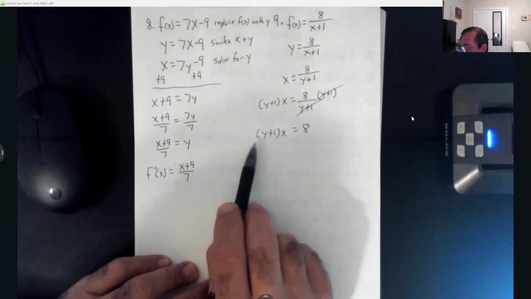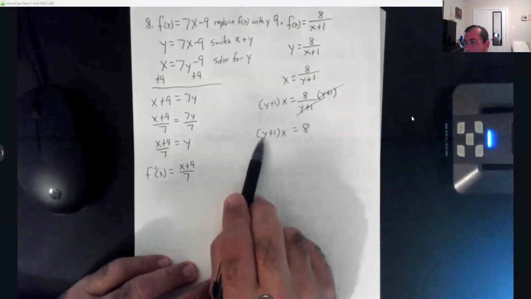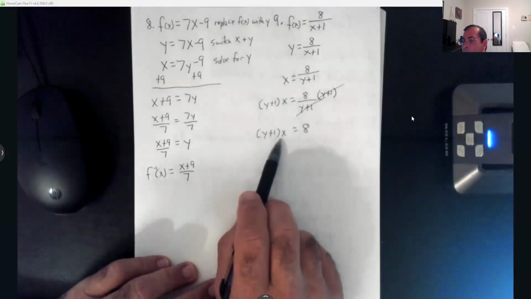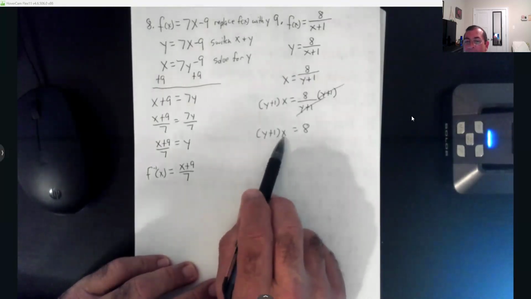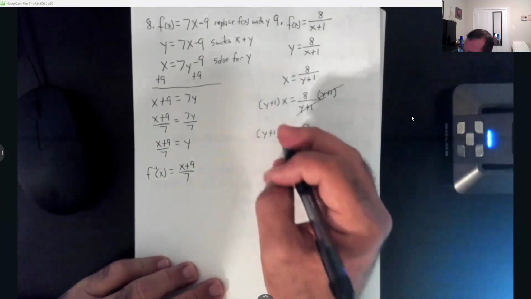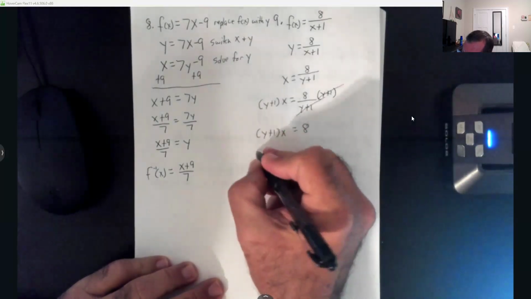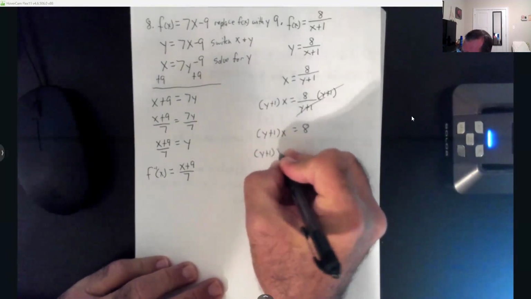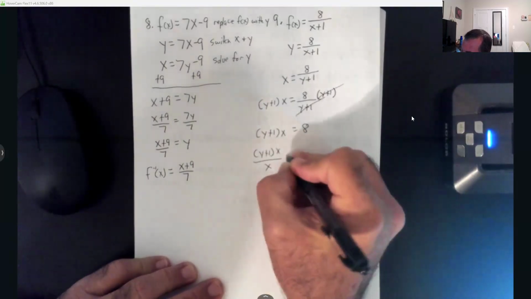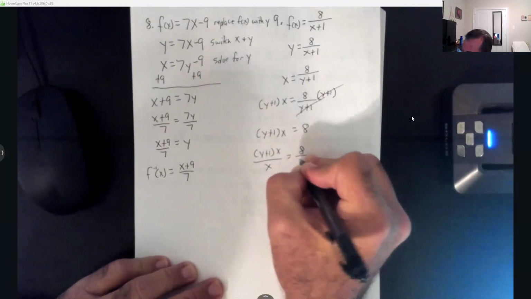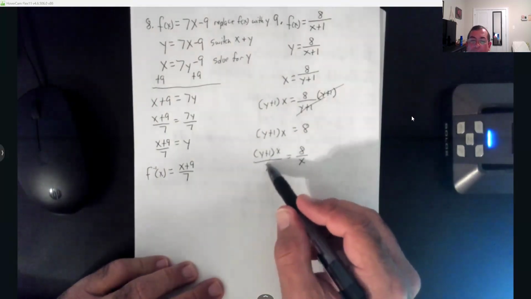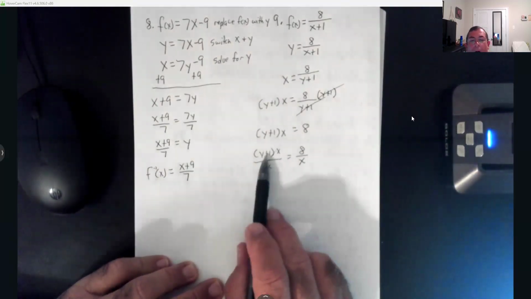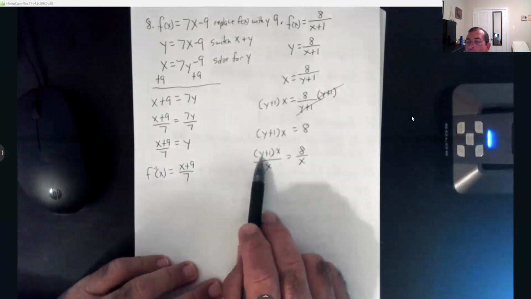So y'all listen, we're solving for the y. So we're not going to distribute this x. Since this x is being multiplied, what you want to do is come in and divide both sides by that x. Because by dividing by the x, guess what? Those x's cancel. All that's left over here is a y plus 1.